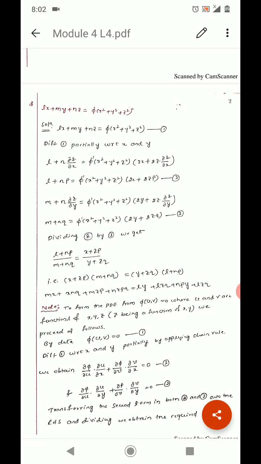So we obtained m plus n into q, which is equal to phi dash of x square plus y square plus z square of 2y plus 2zq, which is equation 3.